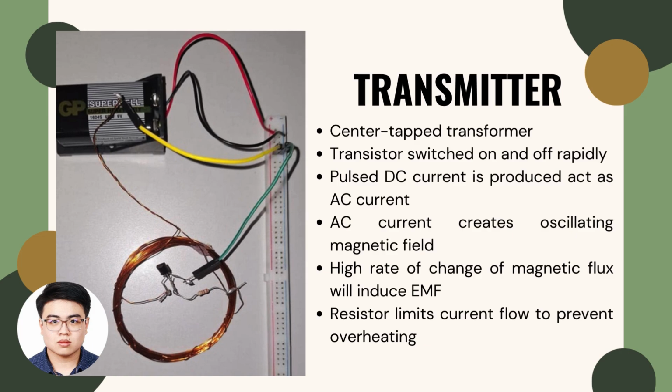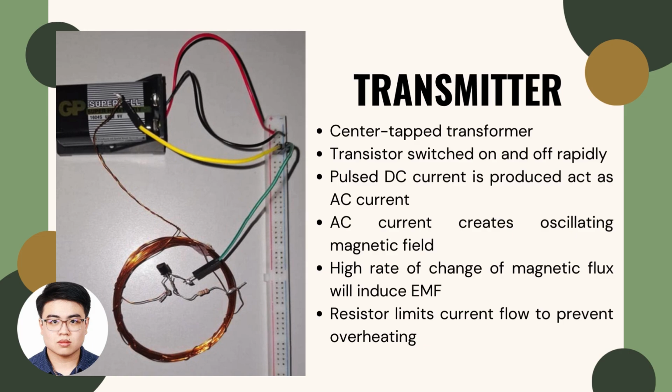There's a loop that acts as a center tap transformer, soldered and connected to the power supply, the positive 9 volt. The emitter of the transistor is connected to the ground, as shown in the diagram.